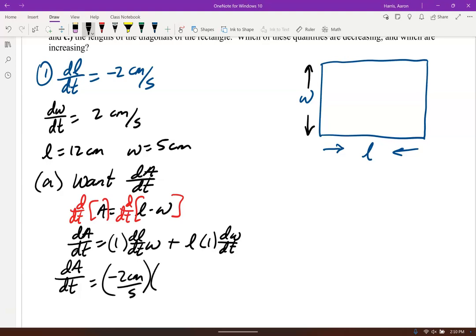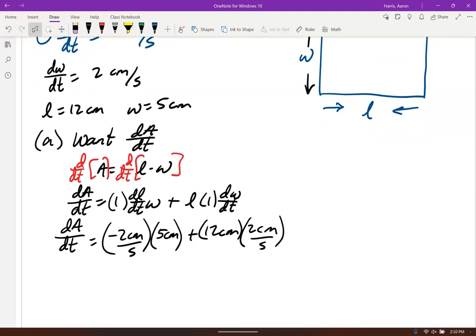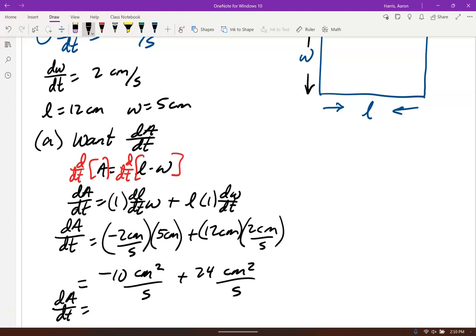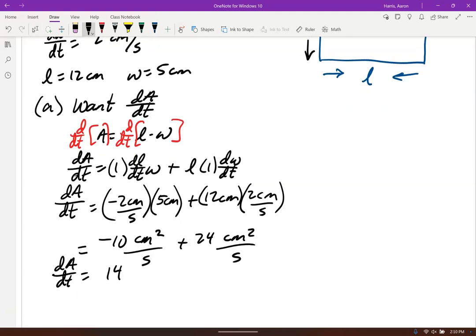My width was 5 centimeters. My L was 12 centimeters. The width is increasing at 2 centimeters per second. So I've got negative 10 square centimeters per second plus 24 square centimeters per second. So my dA/dt, the area is increasing at that exact moment at 14 square centimeters per second.